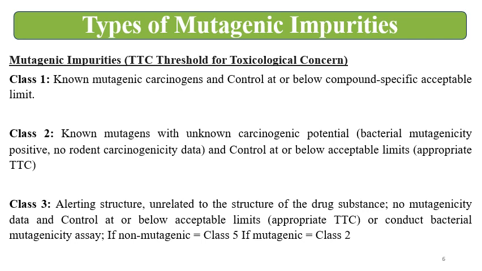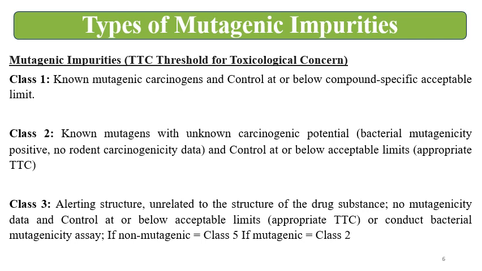Then coming to class 3, these have an alerting structure unrelated to the structure of the drug substance, with no mutagenicity data, and are required to be controlled at or below the acceptable limit, the appropriate TTC, or to conduct the bacterial mutagenicity assay.